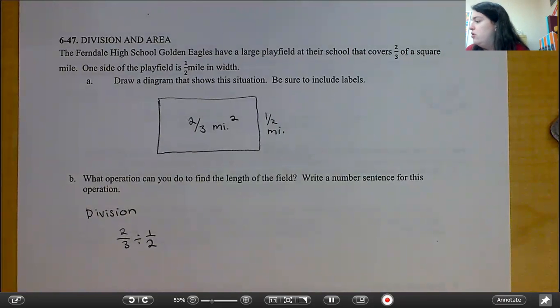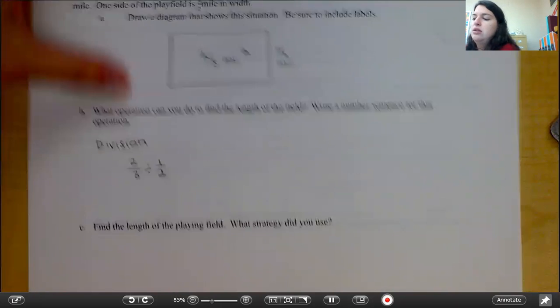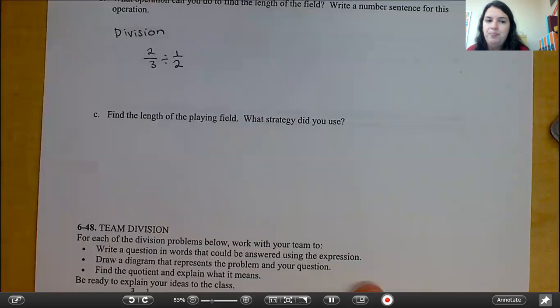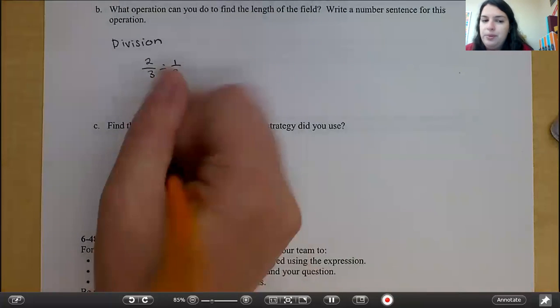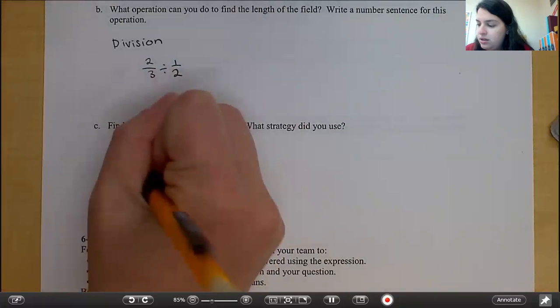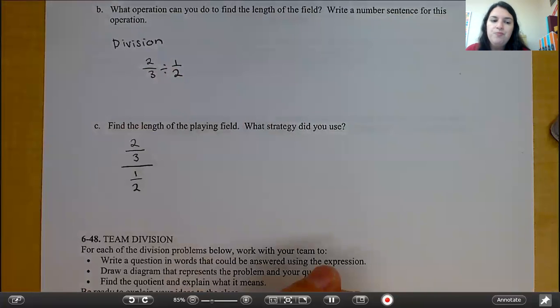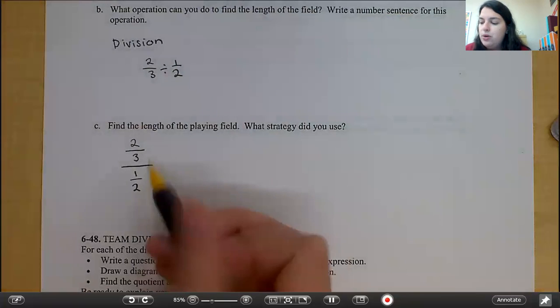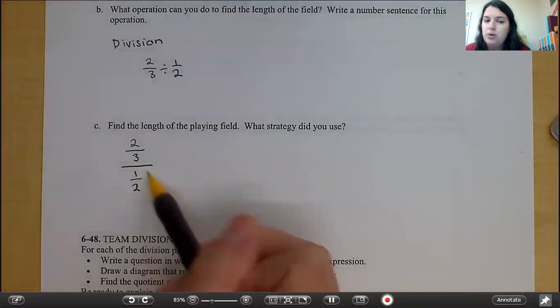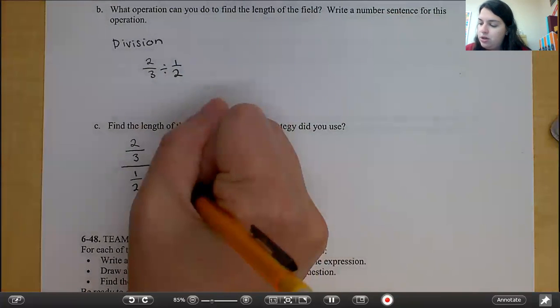What strategy did you use? Your strategy could vary, but I'm going to introduce you to something called the supergiant one. The supergiant one is to help you when we are dividing fractions. So we have 2/3 divided by 1/2. For the supergiant one, it's kind of just like the giant one, but what we are going to do is take the reciprocal of 1/2, and that is going to be the number going in our giant one.